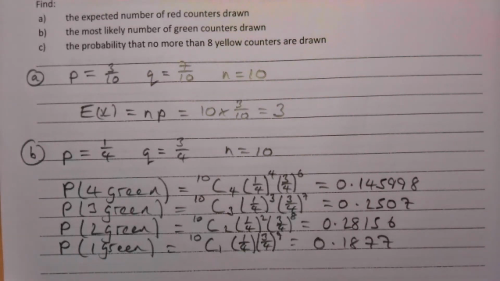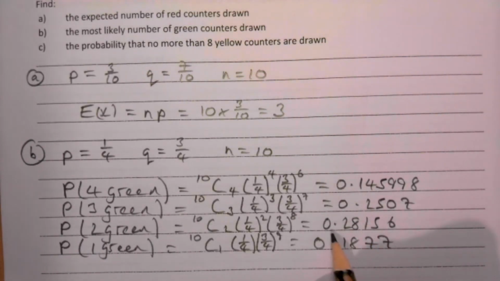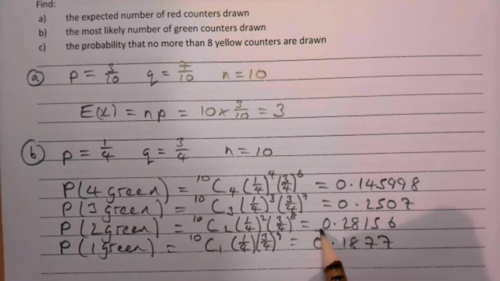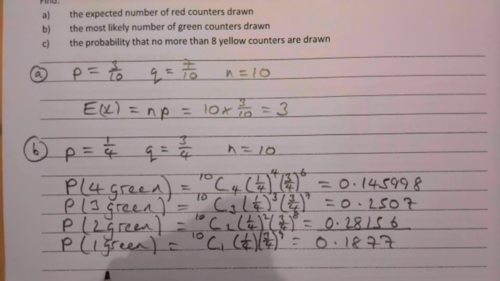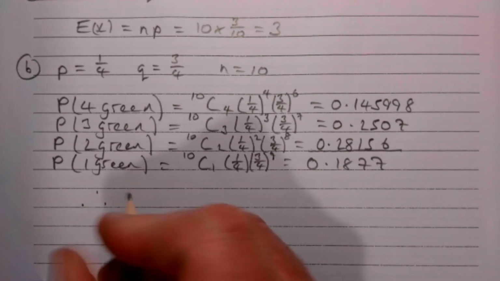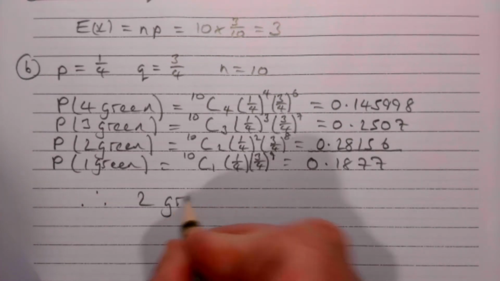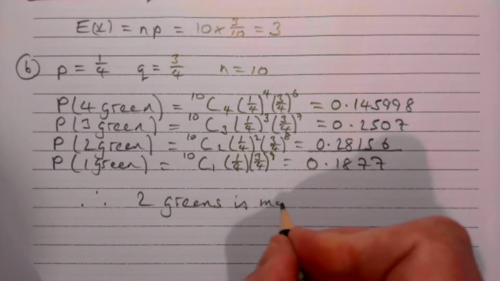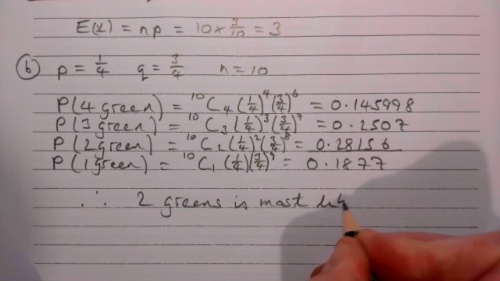So that starts to get smaller again. So the one with the highest probability, I thought it was going to be 2 or 3 because of our probability there, is this one here. So our answer is, therefore, 2 greens is most likely.